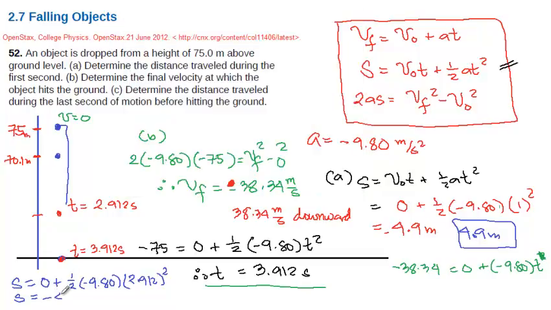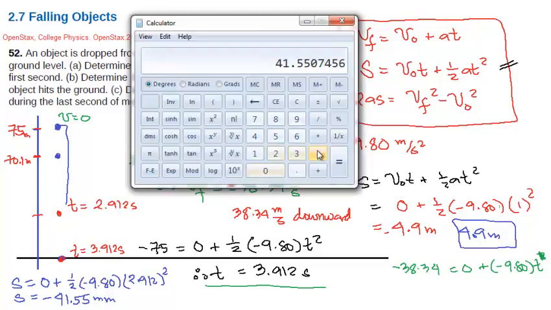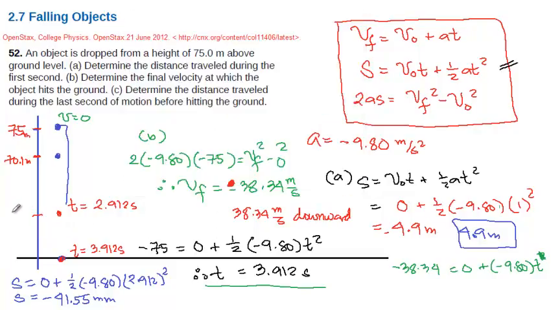Negative 41.55 meters, meaning it has moved down by 41.55. So if this is 75 here, dropped by 41.55, the new location will be 75 minus 41.55, which is 33.45. I hope you agree with me that if you start from 75 meters and you drop, the displacement is negative 41.55.